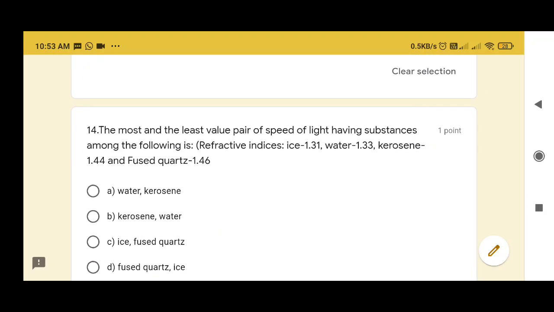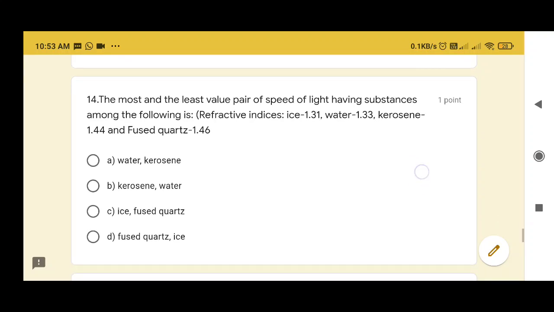The most and least value pair of speed of light having substances among the following. Refractive index of ice 1.31, water 1.33, kerosene 1.44 and fused quartz 1.46. The least refractive index has high speed.